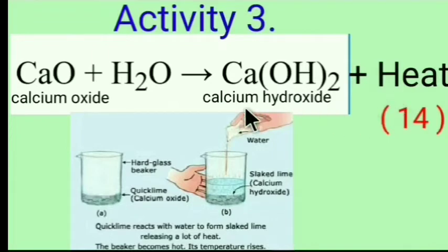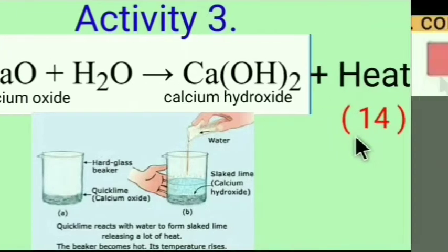Let's see the reaction. CaO, calcium oxide, plus H2O, water, gives calcium hydroxide, and a large amount of heat is released from this reaction. This is equation number 14.